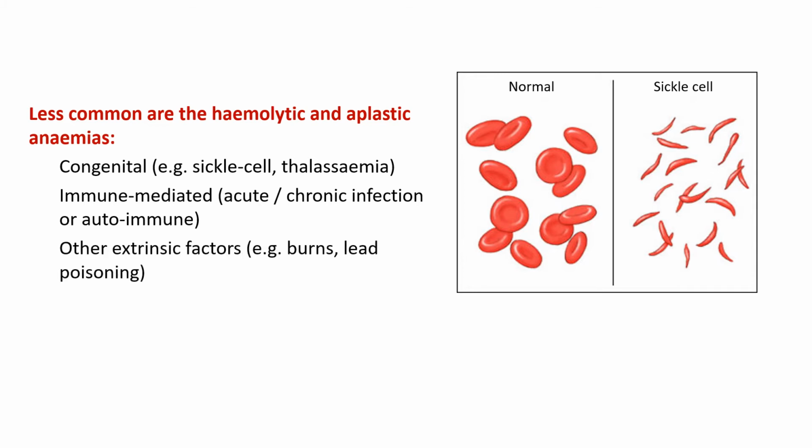And other extrinsic factors, such as large traumas like burns or lead poisoning. There is an issue with lead actually displacing the oxygen and the iron. So there are other causes.